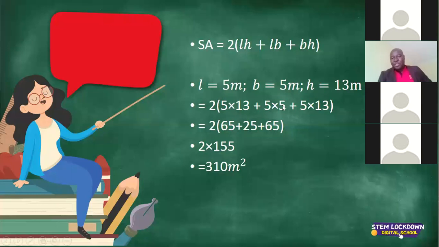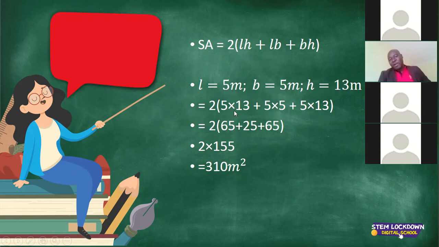That is if you have substituted correctly. Length times height. So this is length, so it's 5 times the height, which is 13. And then length times breadth. Length is 5, breadth is 5, so you've got 5 times 5. Plus breadth is 5, height is 13, so you've got 5 times 13.